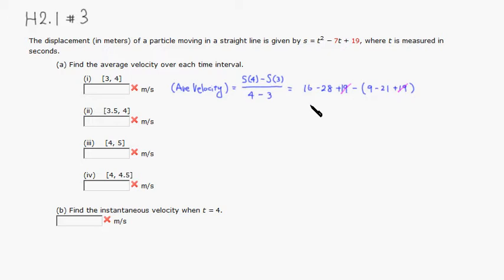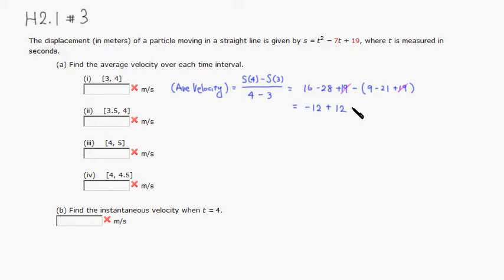Then 16 minus 28 is negative 12, and then minus 9 plus 21 is plus 12.